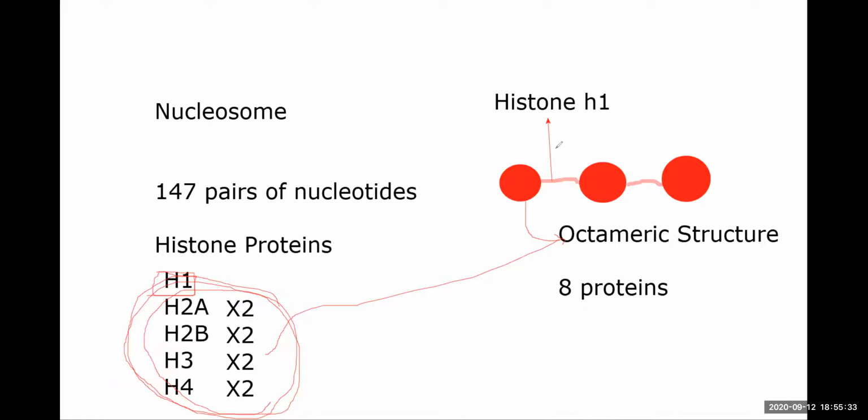And what is the composition of a nucleosome? 147 base pairs of nucleotide and an octameric structure. Octameric means 8 proteins, 2 of H2A, 2 H2B, 2 H3, and 2 H4. Now, let's go back to the slides.